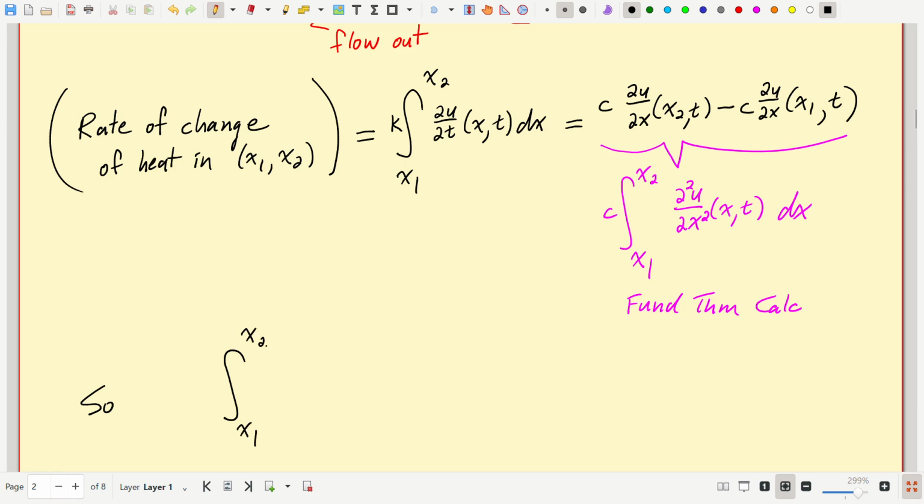Integral from x1 to x2 of k du dt minus c d2u dx squared, integrating with respect to x. And that's a big fat zero.